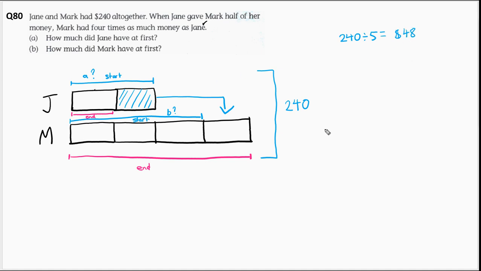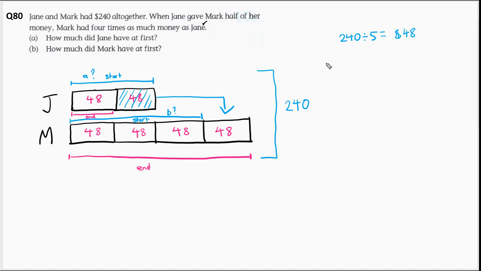Each of these parts has a value: 48, 48, 48, 48, 48. Now I can label this one 48. I want to work out this start value, and I just needed to make sure that I didn't count it twice when calculating how many units 240 represented.